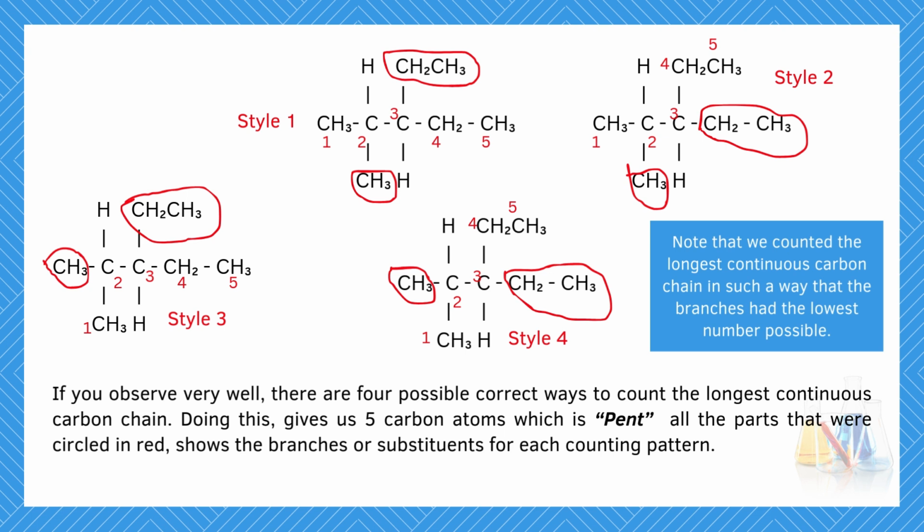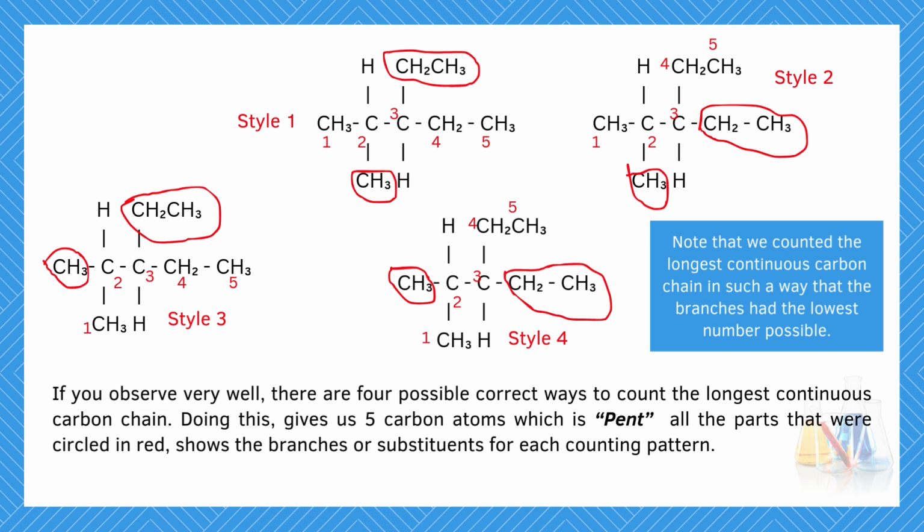There is no other way that you can count that the substituents will have a number lower than 2 and 3. So even if you are counting the longest chain and there is another way you can count that will give the substituents a lower number, then that counting is wrong.